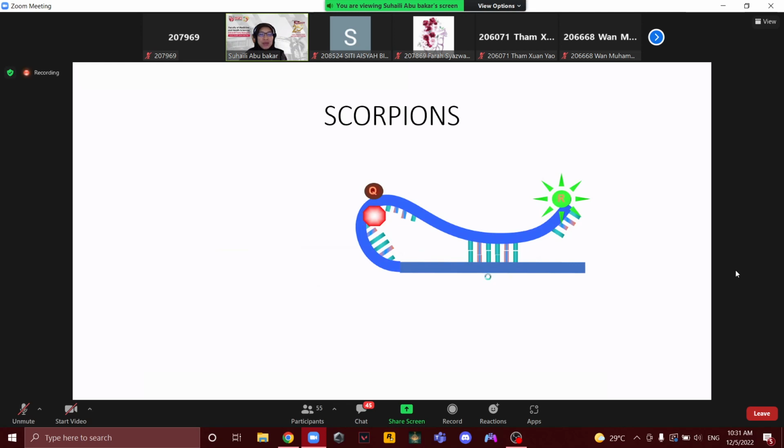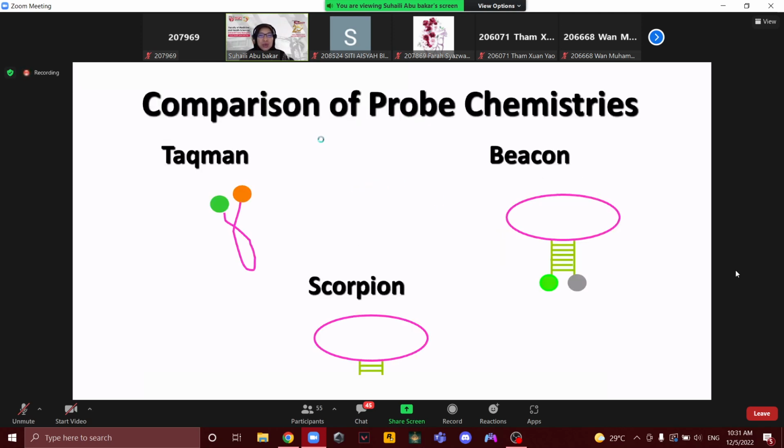So that's why it becomes hydrolysis probe detection, because the polymerization will hydrolyze the quencher from the reporter. Boleh? Okay. So a comparison of the probe chemistry in terms of the picture like this. Show here this is polymerization kan. Right? Boleh.